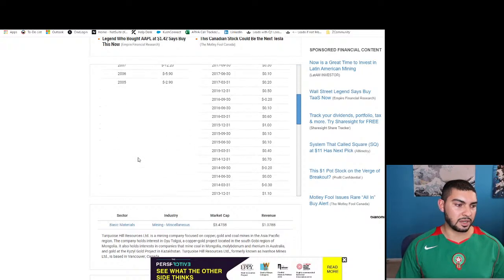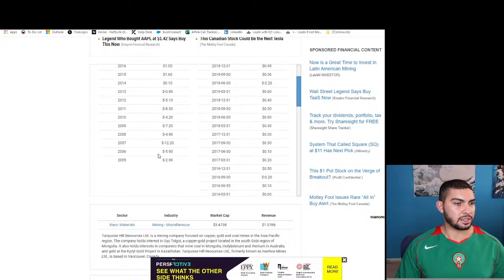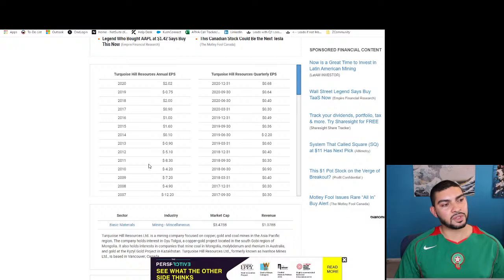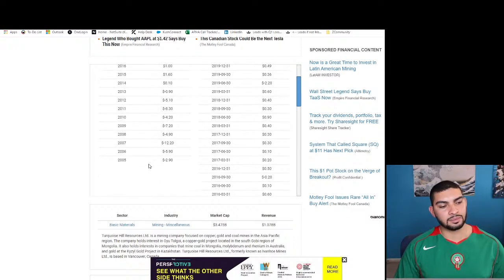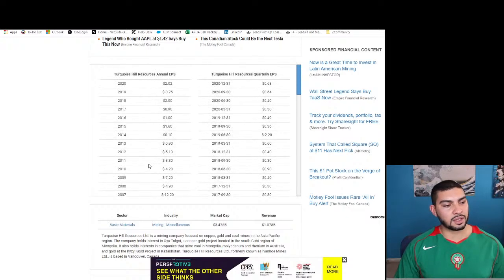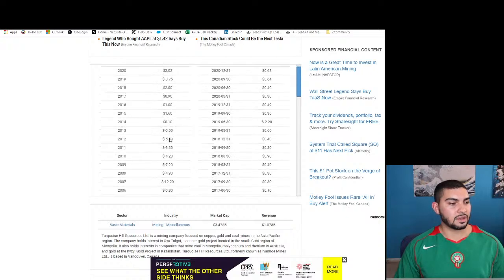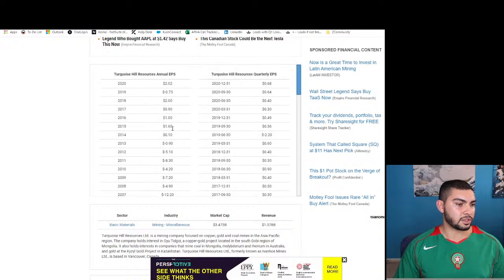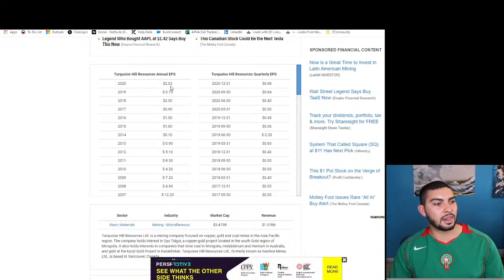I don't judge it too hard, because it seems that it went public in 2005, giving it about 15 years in the game. I think that's still pretty good, because about 10 years in is when they started being profitable. There is still potential. This 2019 mark probably decreased because of COVID, but it picked up again in 2020.